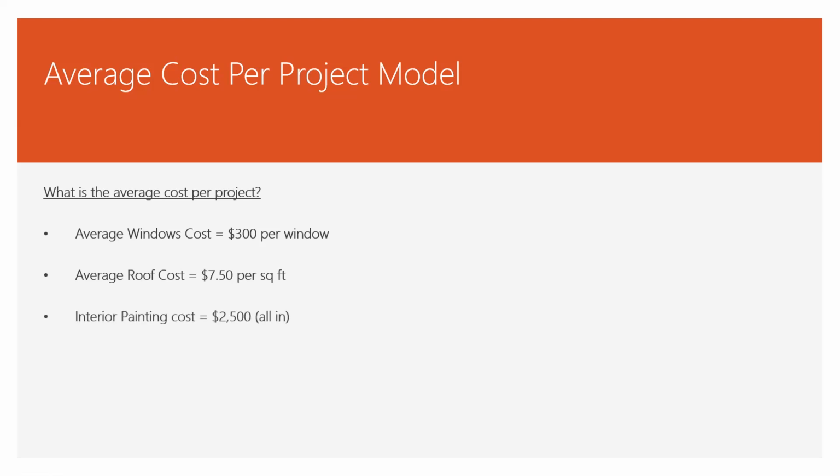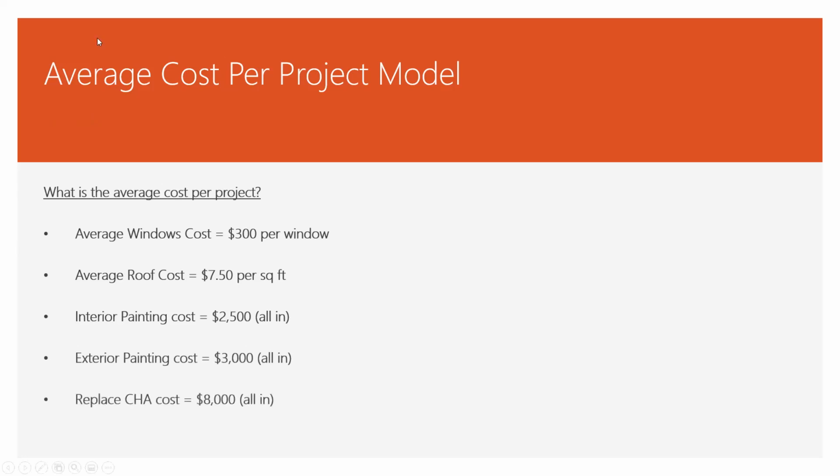Now, maybe you needed to paint the property. When I say all-in cost, I mean labor and material. So interior painting, you can get most houses up to 2,000 square feet painted for $2,500 internally. You can get exterior for about $3,000 all in.